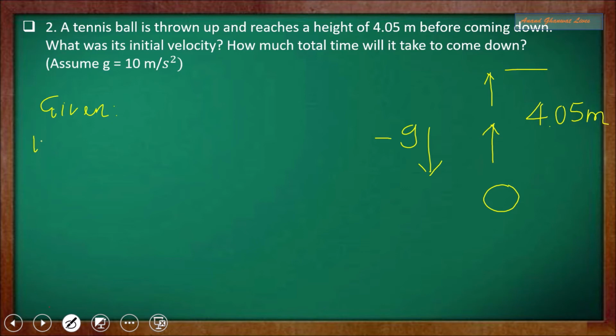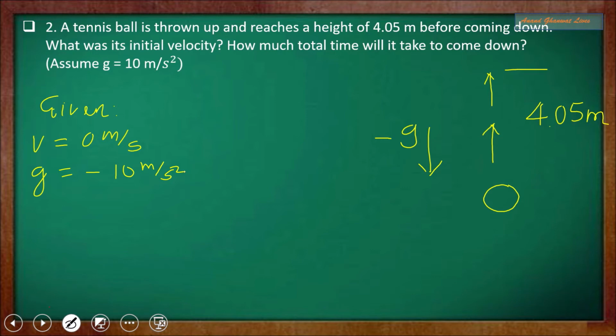Final velocity of the ball, when it reaches a certain height, is v equal to 0 meter per second. Then value of g is negative 10 meter per second square.